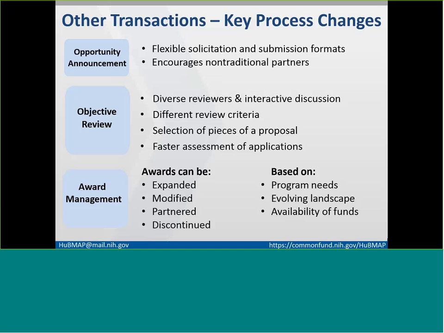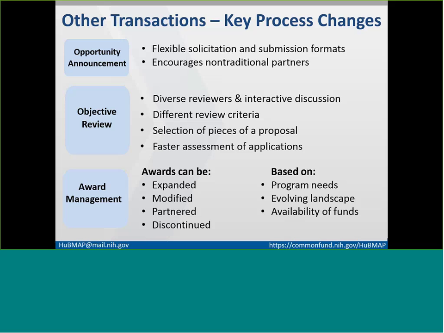How these applications then are reviewed, the process is called objective review to distinguish it from the normal peer review process. It allows us to bring in a more diverse set of reviewers and to have interactive discussion as part of the review process. And again, we'll go into this in more detail. And it allows us more flexibility in deciding how to fund awards.